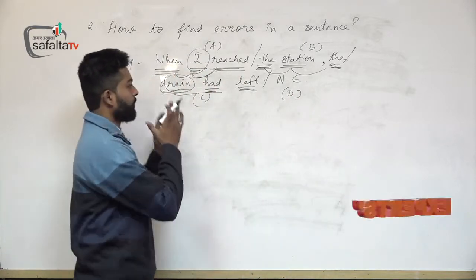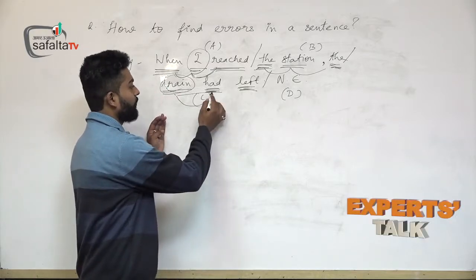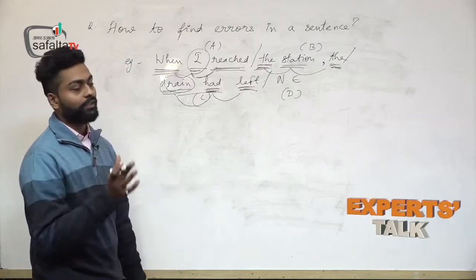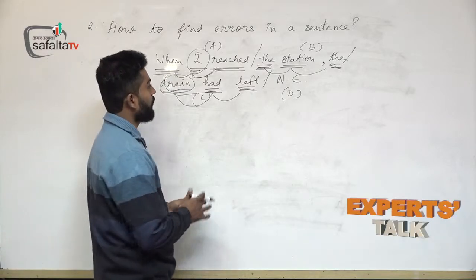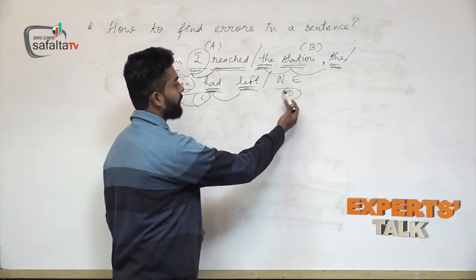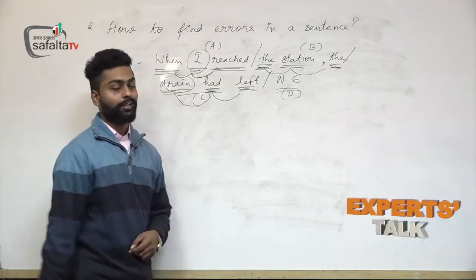So when we examine this sentence word by word, each word of the sentence, and we are not getting any error, then this sentence might be correct and there may be no error in this sentence.